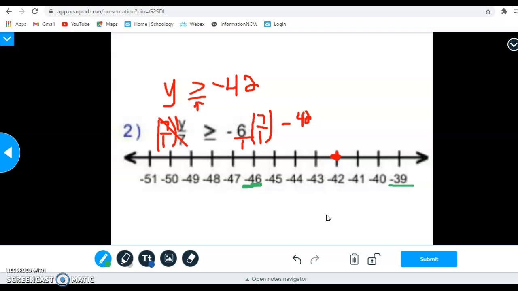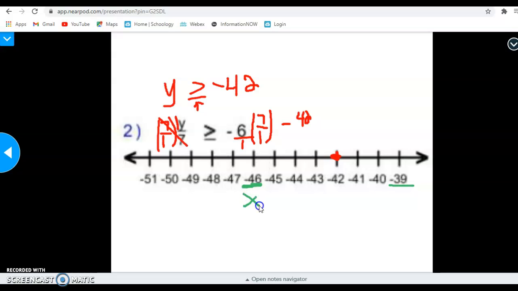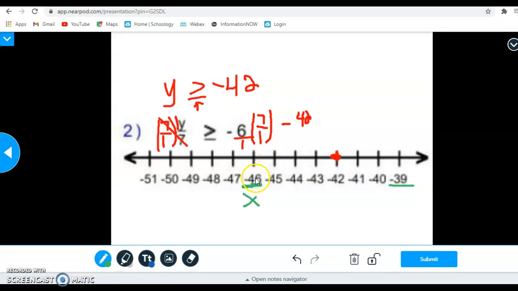Okay, so let's look at this. What we want to know is if y is greater than -42. Is y greater than -42? So if we use -46 for y, is -46 greater than -42? No, it's not, because -46 is here and -42 is here, and we have to travel in this direction to get to it. So -46 is not greater than -42.